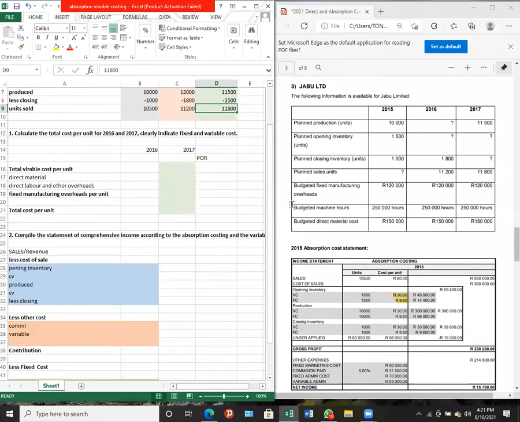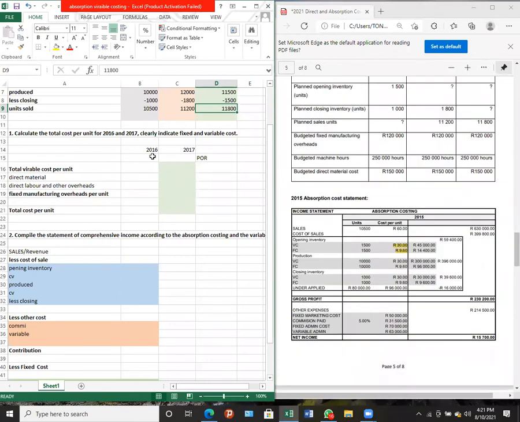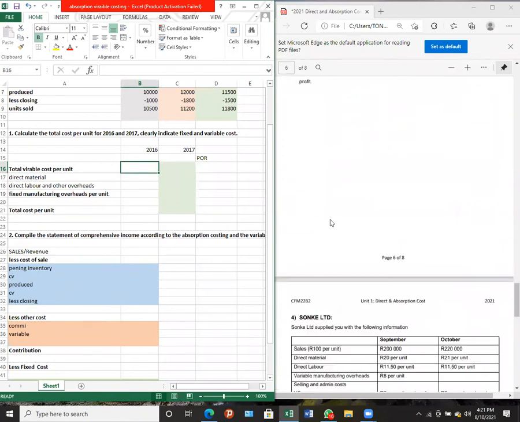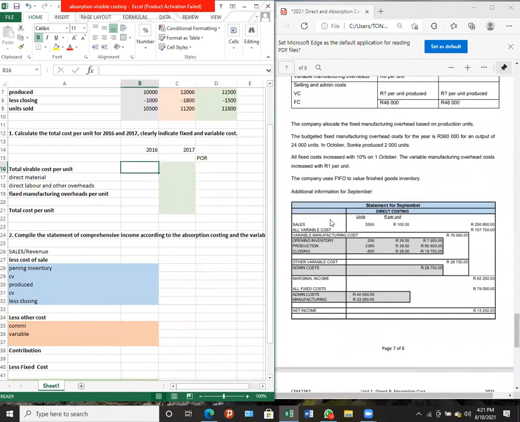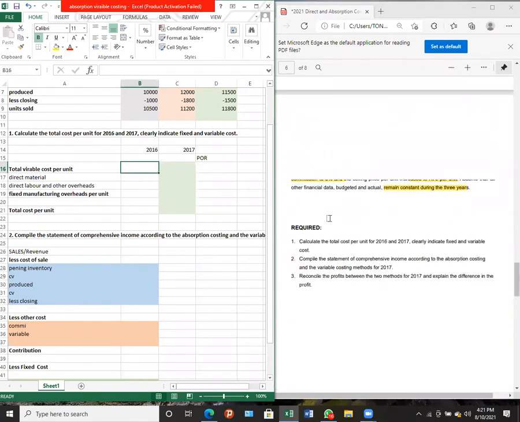Here, guys, we're going to complete the total cost for variable and fixed cost for 2016 and 2017. And then remember, guys, let's go to the additional information.